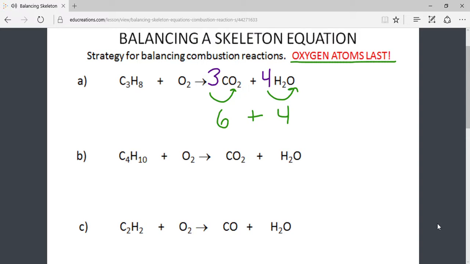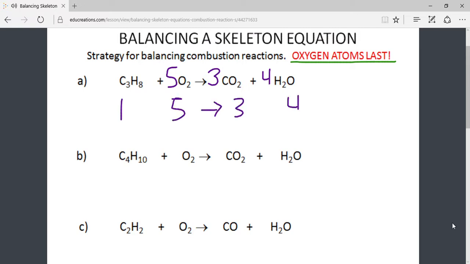To create 10 oxygen atoms on the reactant side, a coefficient of 5 will be chosen as our multiplier. We now have arrived at a balanced equation for this particular example. In this example, there is a ratio of 1 to 5 on the reactant side and 3 to 4 on the product side.